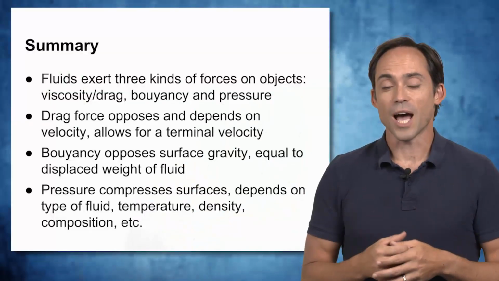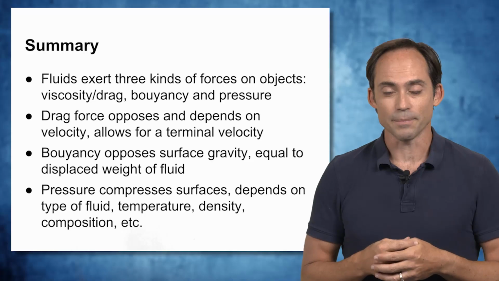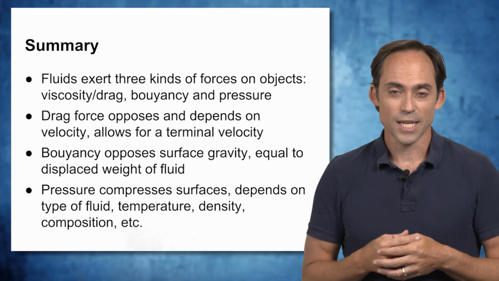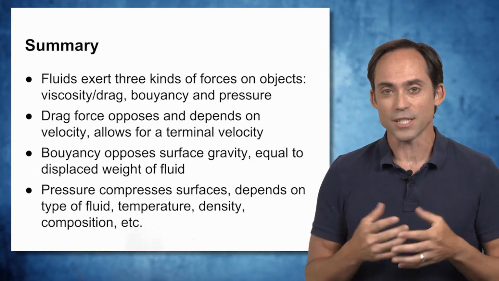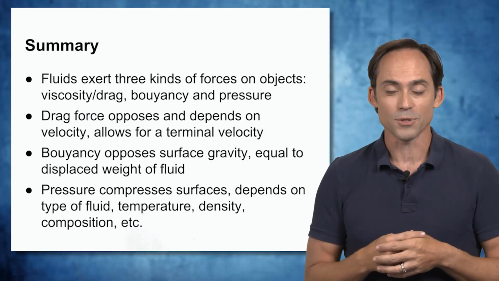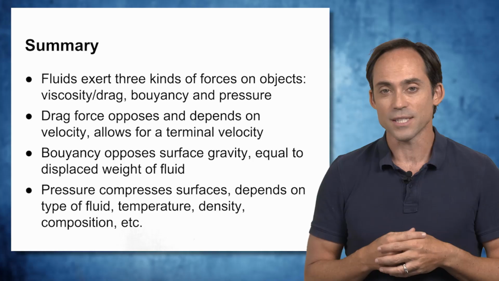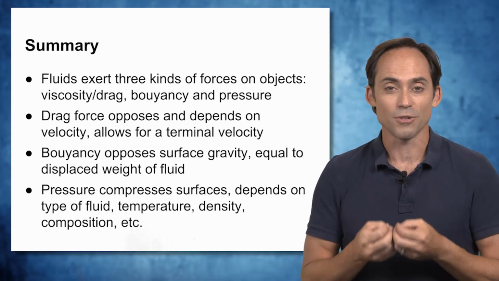So to summarize, when objects are in fluids, they experience three different forces acting on them: viscosity, buoyancy, and pressure force. The viscous or drag force always acts in the opposite direction of the velocity of the object through the medium. So it very much acts like a friction or a dissipative force. But in this case, viscosity or drag force actually depends in magnitude on the speed or velocity itself.